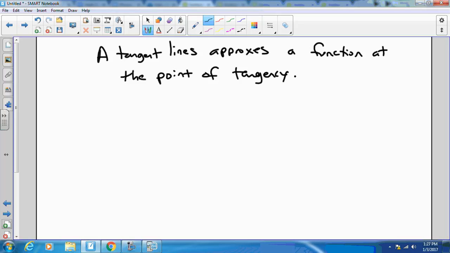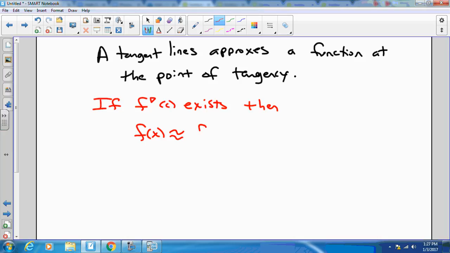Let's make this specific and precise by using precise math language, and then we're going to see how powerful this idea is. Here is the precise math language. If f prime of c exists, then f of x is approximately equal to the tangent line expression that we know and love, f of c plus f prime of c times x minus c, for x close to c.